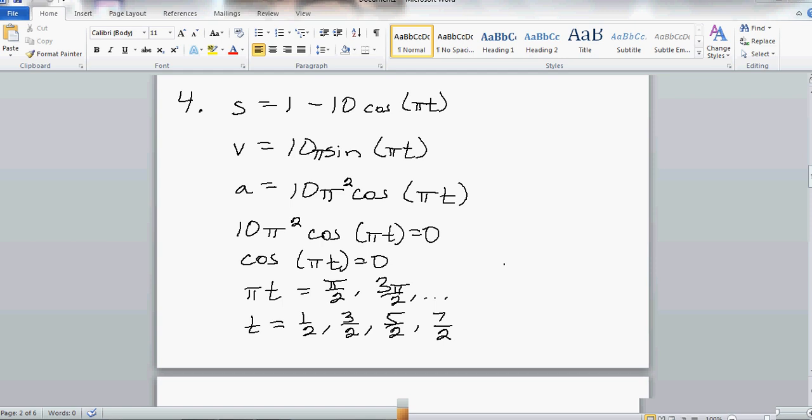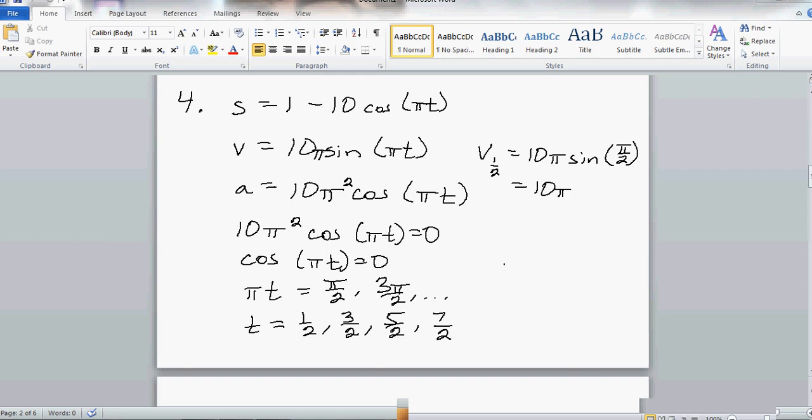What is the maximum speed? Well, now we need to plug in one of these values back into the velocity. So I'm going to plug in, just for ease, the 1/2. So velocity at 1/2 would be 10 pi times the sine of pi over 2. Well, the sine of pi over 2 is 1. And so that would be 10 pi times 1, or 10 pi.